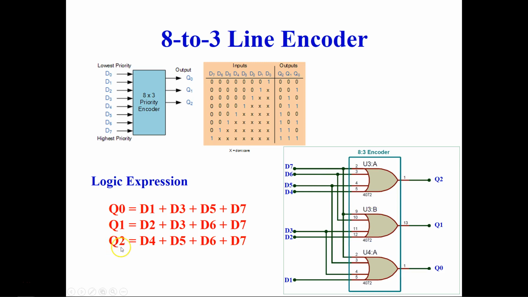And then we have Q0, which is D1, D3, D5, D7. So D1 is going in here, and D3 has been taken from here. And then we have D5 taken from here, and then we have D7 taken from here. Okay, so that's how you form the logic diagram for the 8 to 3 line encoder.